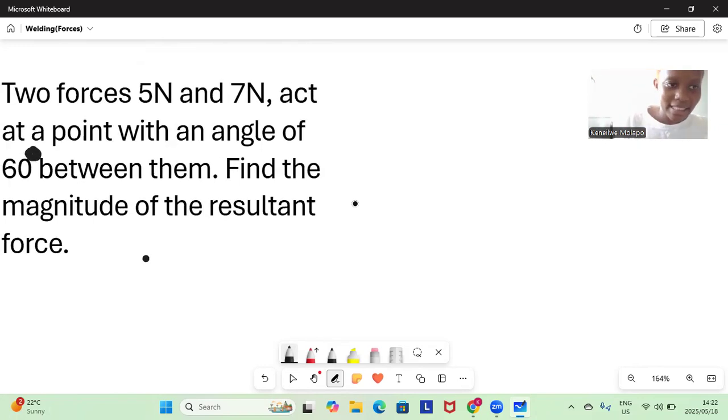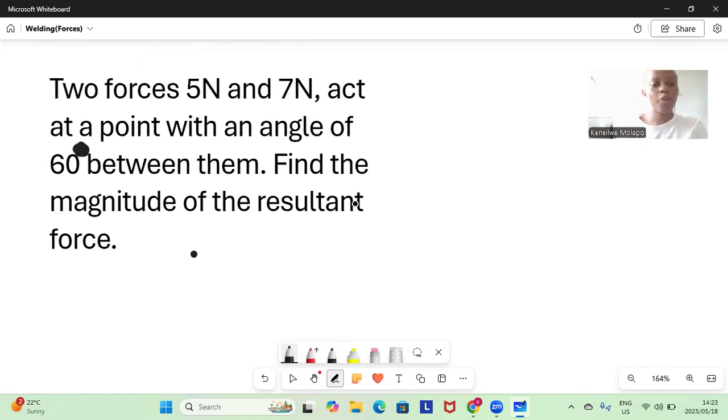Here they say two forces of 5 N and 7 N. Firstly, you know that this is your F1 and this is your F2. Two forces of 5 N and 7 N act at a point at an angle of 60 degrees between them. Find the magnitude of the resultant force.